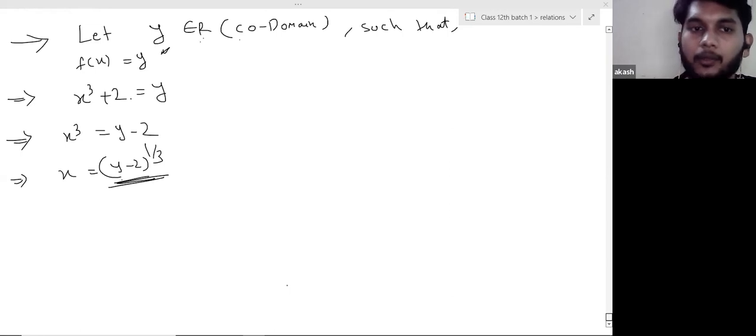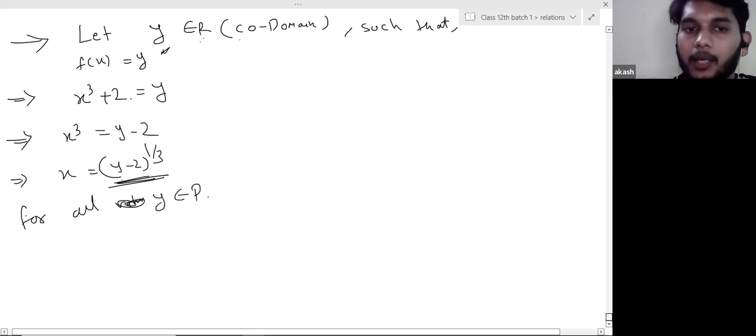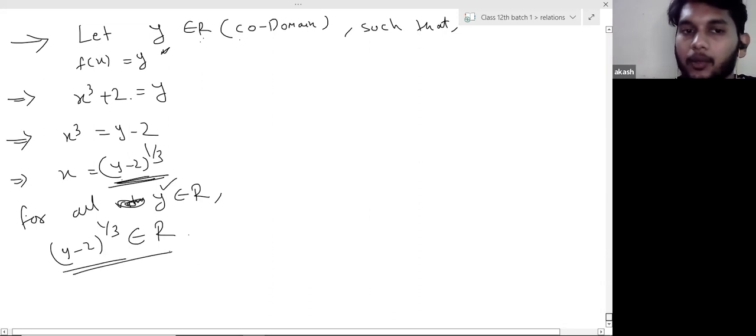Right. So we can say that for all y belongs to R, y minus 2 raised to the power 1 by 3 belongs to R. No matter what value of y you put, this is always a real number, right? So can we say this?